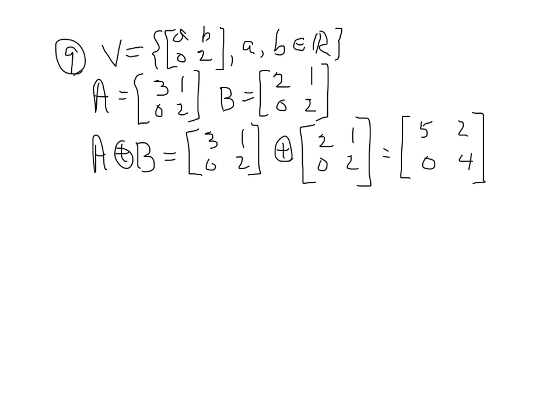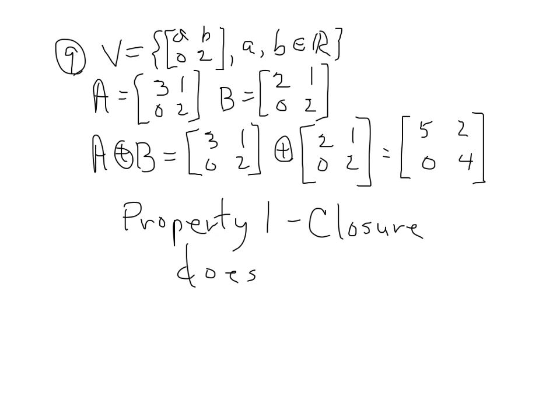We got a 4. So number 9, property 1, closure for addition, does not hold. So 2 by 2 matrices with any two numbers in the top row, 0 and 2 in the bottom row, do not form a vector space.